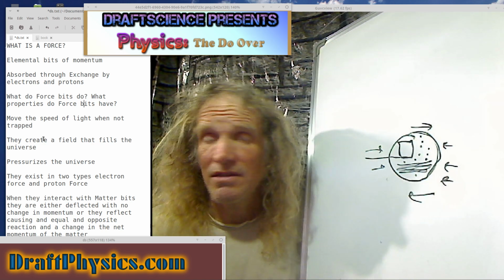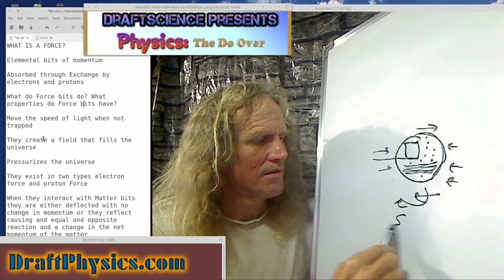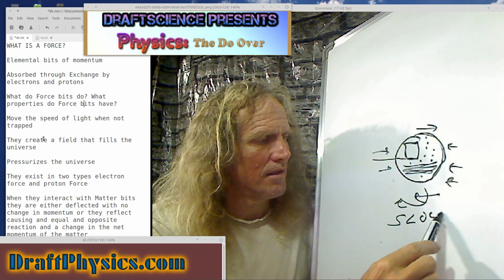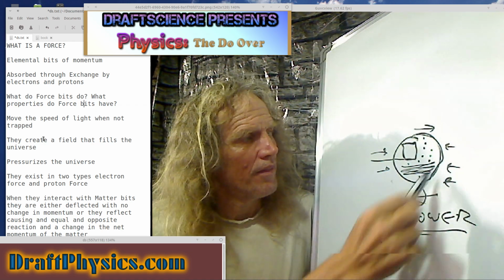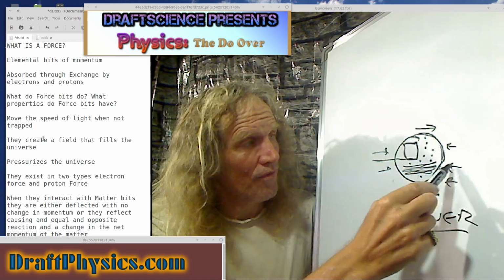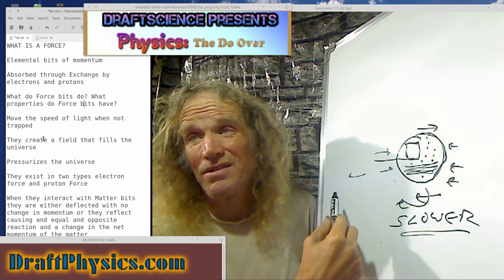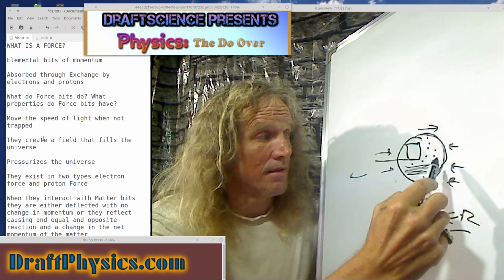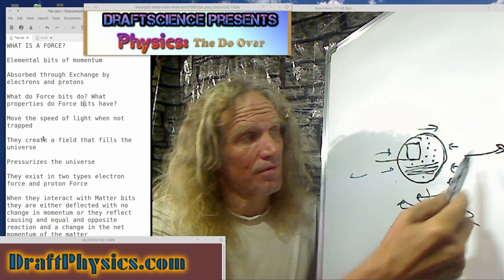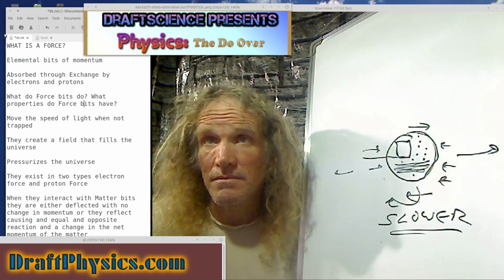Its direction changes, but this moves much, much slower than the force bit that hit it. So this force bit that was going the speed of light doesn't get where it was going. It was going somewhere. It doesn't get there, kind of clearly. And something else is going to get hit with this reflection. Anyway, all right. Next.